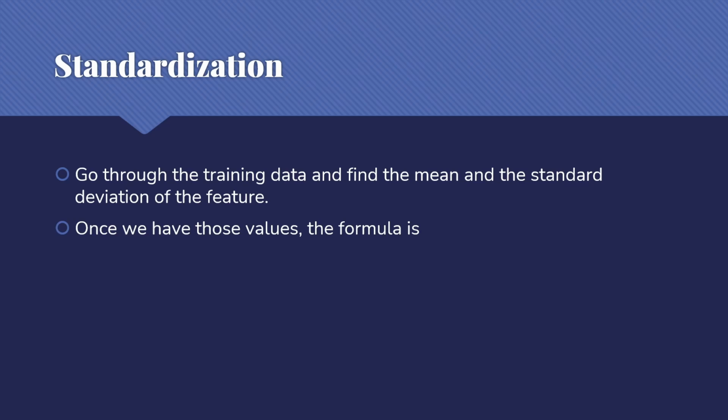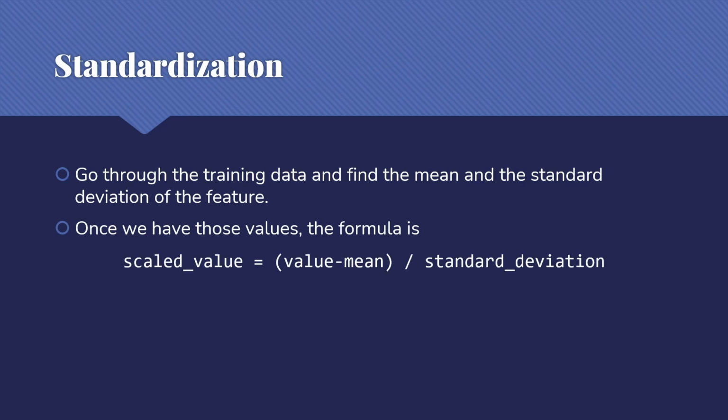Once we have those values, the formula is going to be the scaled value is the value minus the mean, because we're working around the mean, divided by the standard deviation, because we want our new standard deviation to be 1. So if we divide by the original standard deviation, if we're within 1 standard deviation, we'll be between -1 and 1.